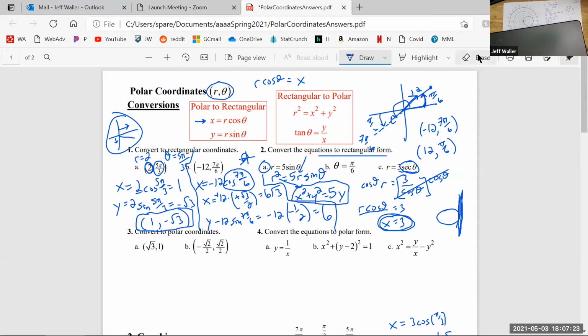Is it a vertical line or circle? I was trying to remind you guys, there was an animation I showed you a while back. I have to find it again, but it was showing you, as they went around the circle, this is cosine, this is sine, this is tangent, and it had secant hopping up and down, just a straight up and down line. So I'll have to find that again, because now we see a deeper connection with that. Secant does seem to be connected to vertical lines.